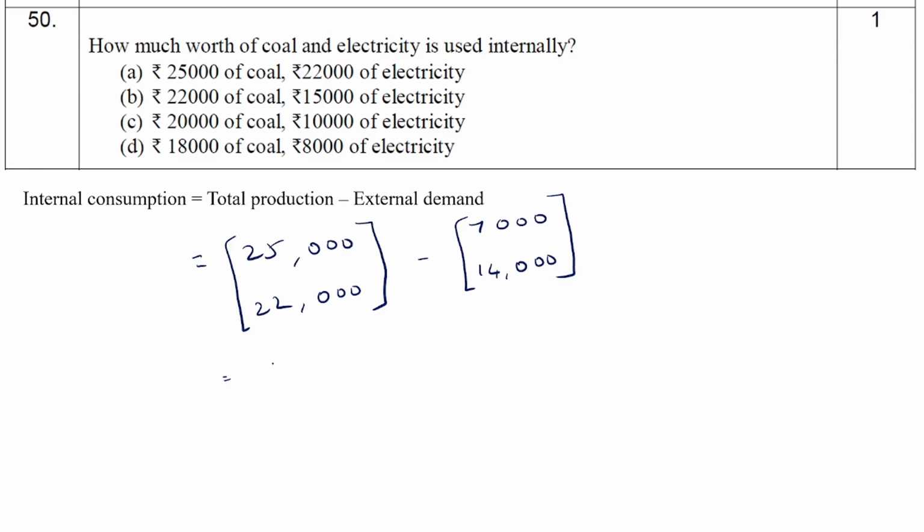So this is 25,000 minus 7,000, which is 18,000, and 22,000 minus 14,000, which is 8,000. So the internal consumption is rupees 18,000 of coal and rupees 8,000 of electricity. So the correct option is option D.